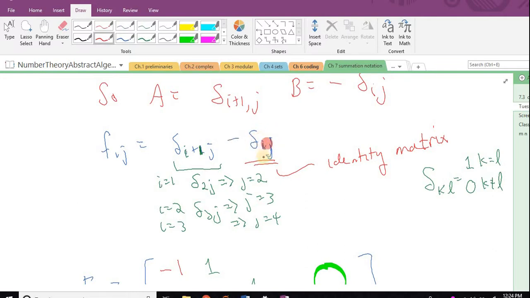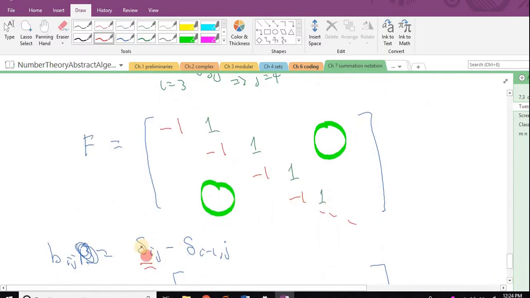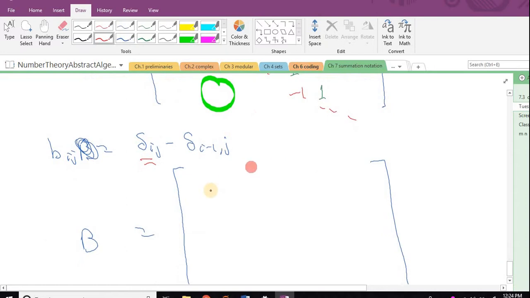Right? This minus delta_ij gave us all these minus ones on the diagonal. So in this case, we're going to get ones on the diagonal. And then so on.